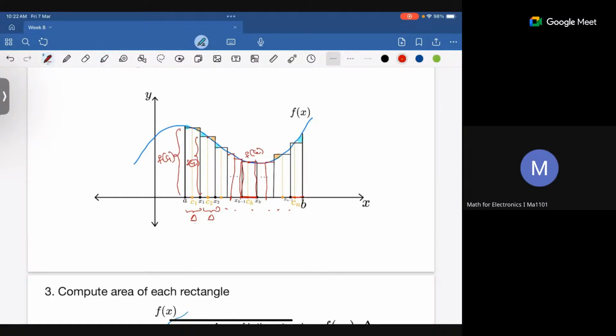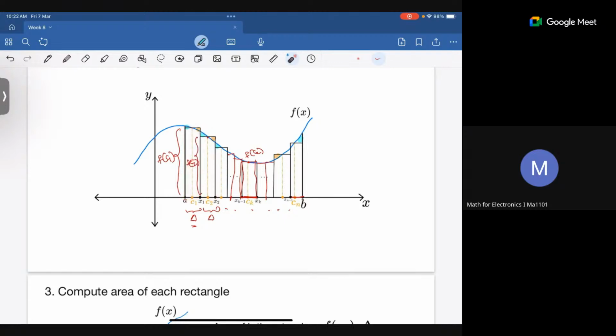So you have to reduce this delta. How can I reduce this delta? By increasing the number of subintervals. If I consider subintervals like this, now I will have rectangles like this, right? So with smaller rectangles, you will have a smaller difference.